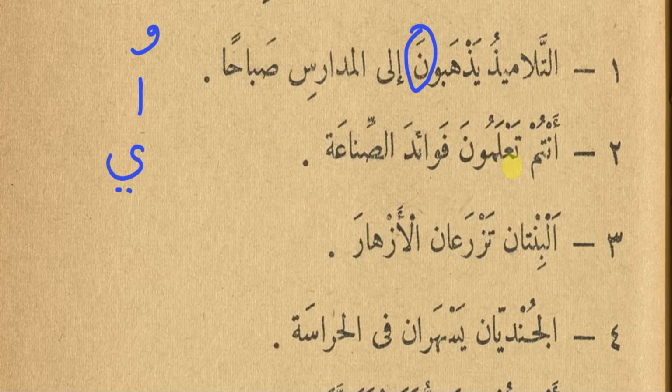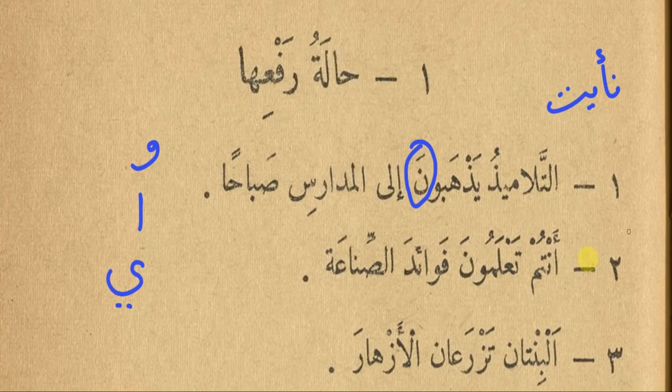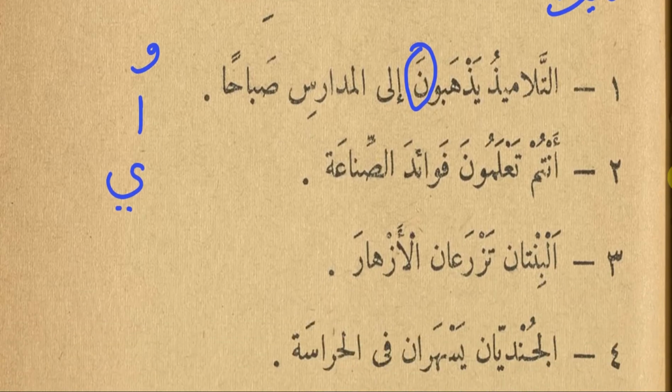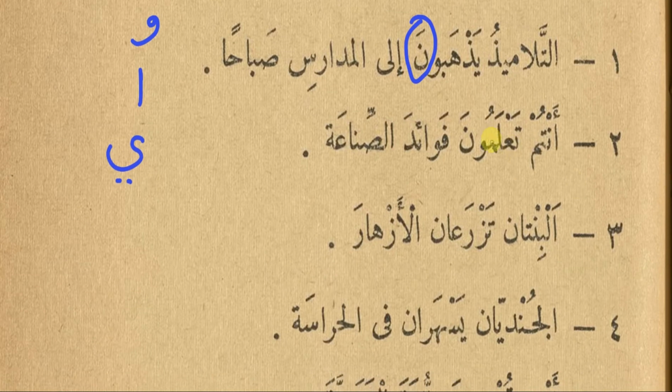So this ta is one of those four letters here that turns the past tense into a present tense, like ing in English. So at the beginning of the verb, this tells me who's being addressed with this verb and who is the subject. It's either a second person or a third person singular feminine.